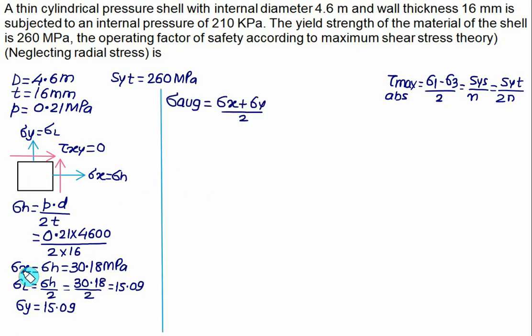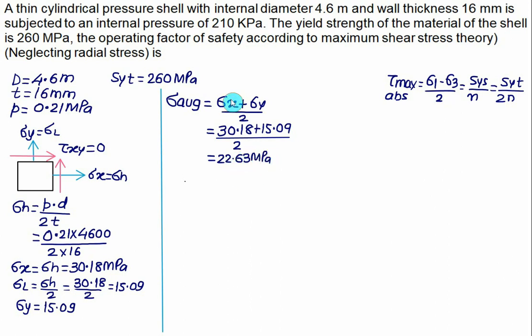Average stress is sigma x plus sigma y divided by 2, that is 30.18 plus 15.09 divided by 2, which is 22.63 megapascal.